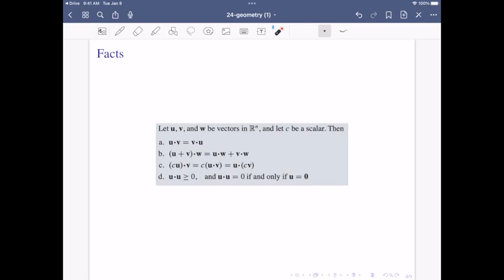There are a few properties. There's no surprise for those properties because they are just common for scalar products. Given three n-dimensional column vectors, u dot v is equal to v dot u, so commutativity, and the distributive law.